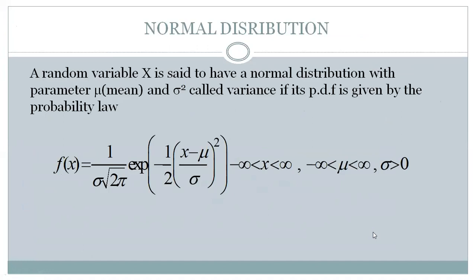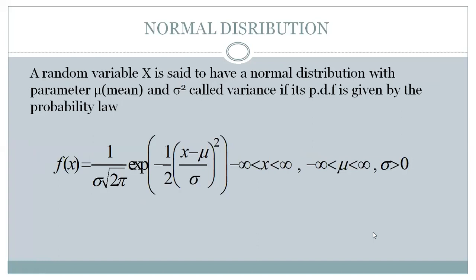Normal distribution: a random variable X is said to have a normal distribution with parameter mu, which is the average, and sigma square, the variance, the square of the standard deviation. Its PDF, the probability density function, is given by f(x) = 1/(sigma root 2 pi) times exponential of minus half times ((x minus mu)/sigma) squared, where x lies in the interval minus infinity to plus infinity, the average lies from minus infinity to plus infinity, and the standard deviation is greater than 0.